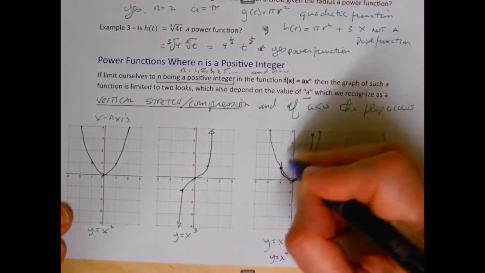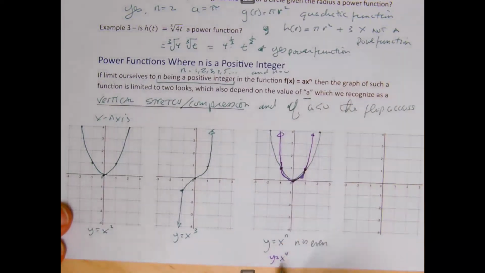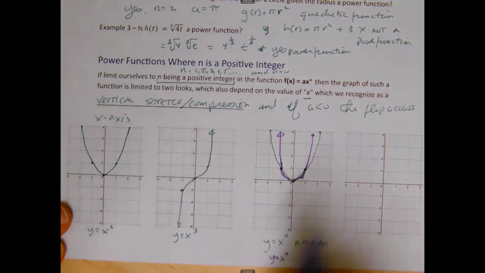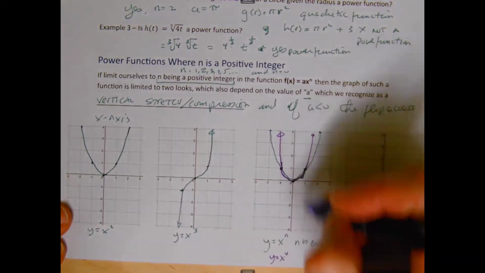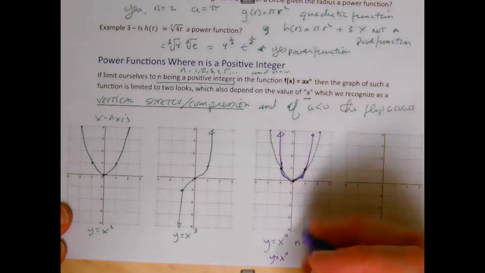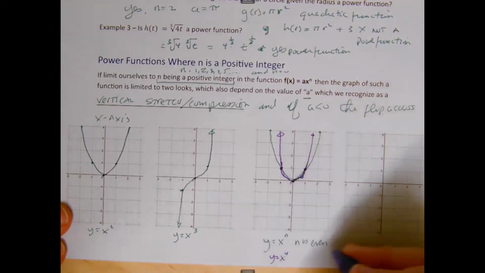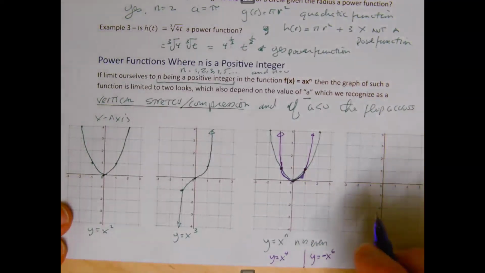So the look of a power function, if n is even, is always going to look like a parabola. As a matter of fact, the more n goes up, this thing flattens out. I'm running out of space, but let's say we're looking at y equals -x to the 6th, just to change it up a bit.